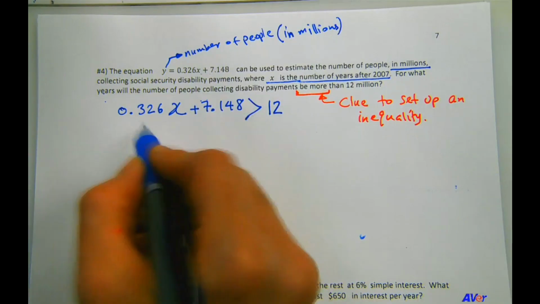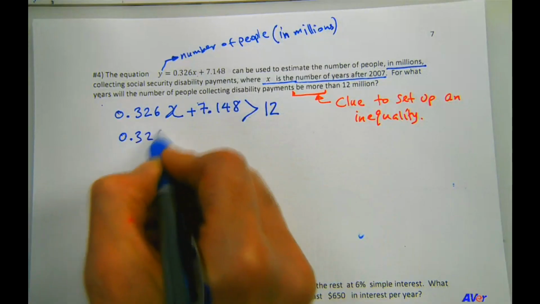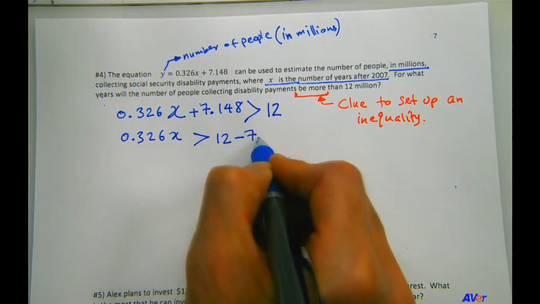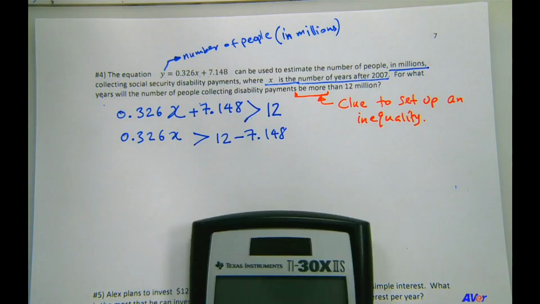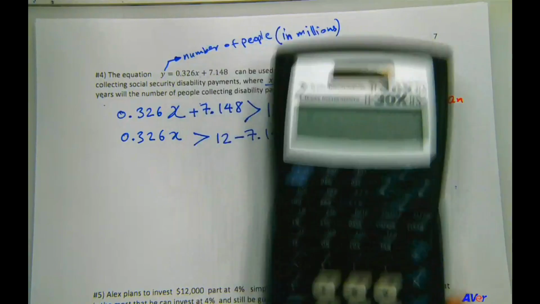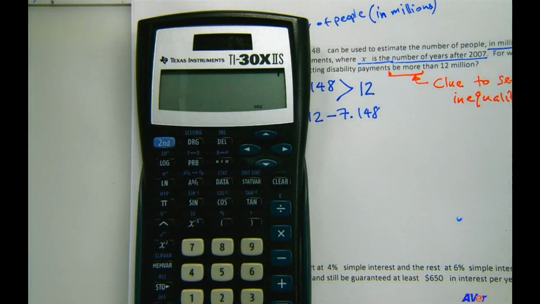Let's move this to the other side. 0.326x greater than 12 minus 7.148. So let's calculate what that quantity is. 12 minus 7.148 is 4.852.